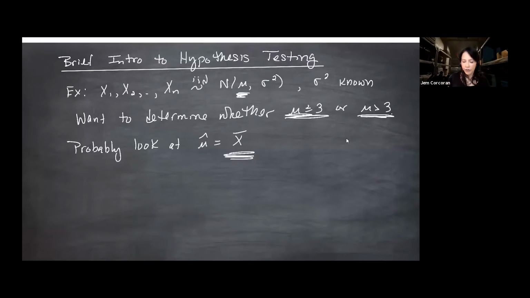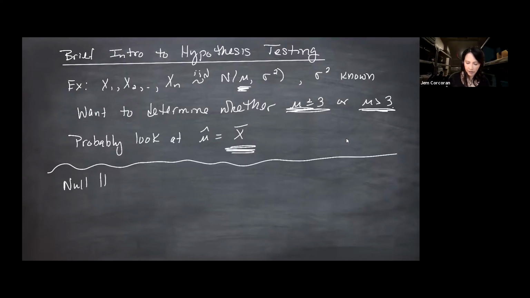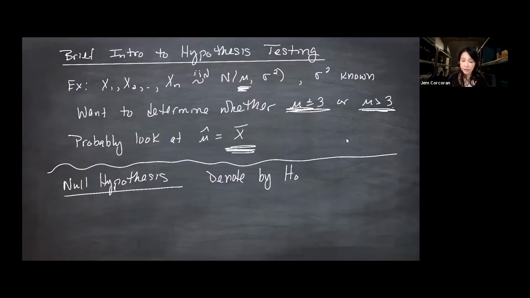Okay, so some of you already know, I'm sure, the definition of a null hypothesis. This is something that we're going to denote by H0. And this is something that is always assumed to be true.